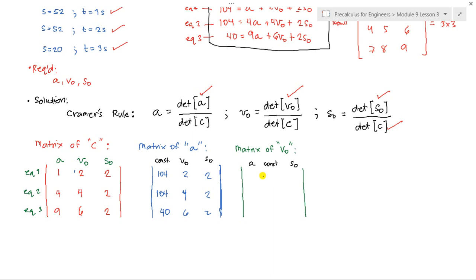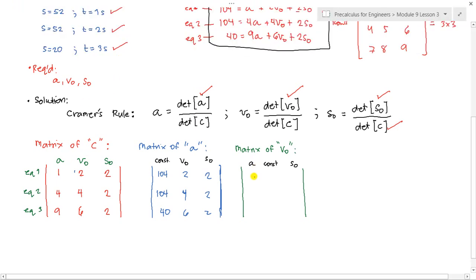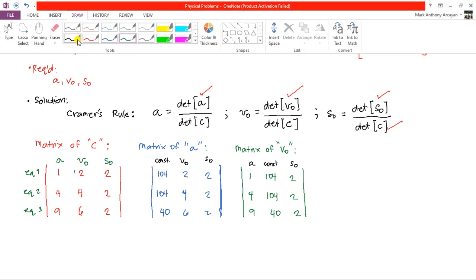Okay, so here for column A, for the acceleration, ilista ra pod nimo the same thing. So A here is 149. For the constant, copy ra pod nimo: 104, 104 and 40. For S naught, 2, 2 and 2. Okay, so naa na tay matrix for V naught.